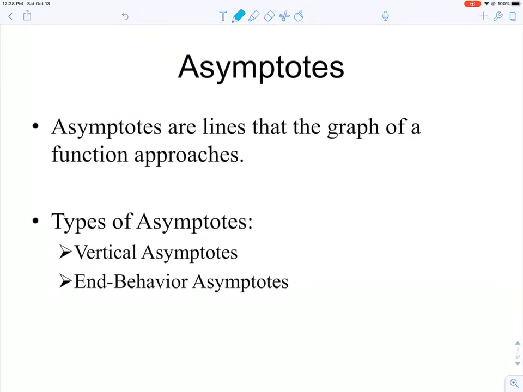All right, so let's move on to asymptotes. So asymptotes are lines that the graph of a function approaches, and functions can have two different types of asymptotes. They can have vertical asymptotes and they can have end behavior asymptotes. And there's actually two different types of end behavior asymptotes.